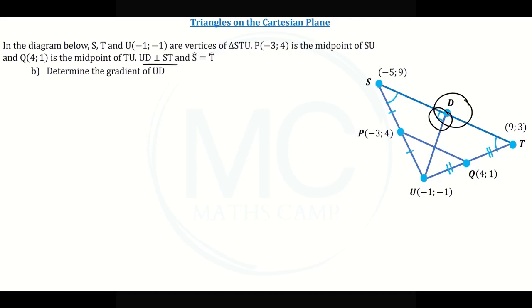Now we have the coordinates of both S and T, so we can use the gradient formula. Let's say that S is (0.1) and T is (0.2).